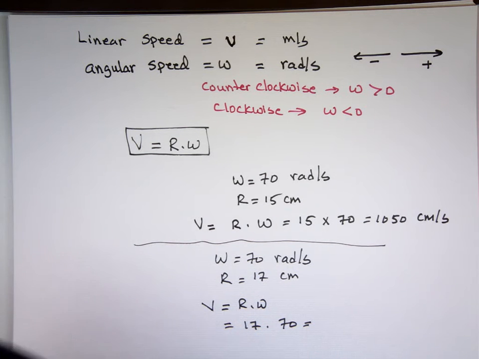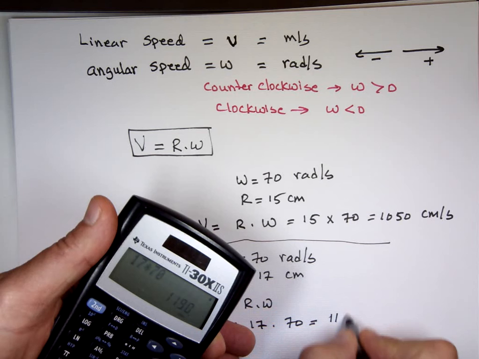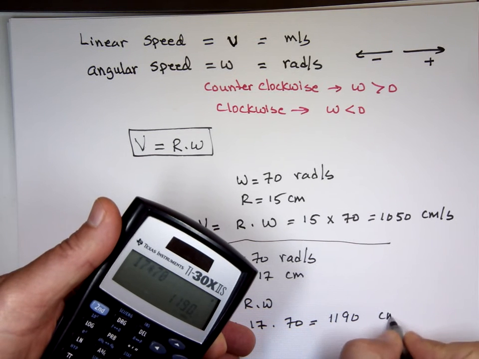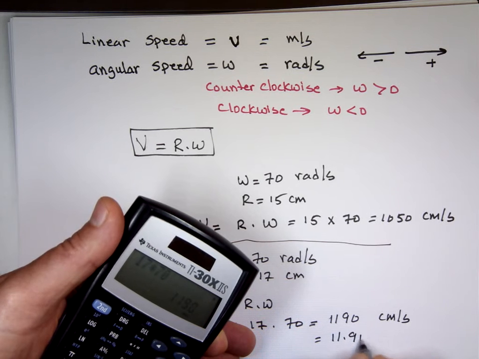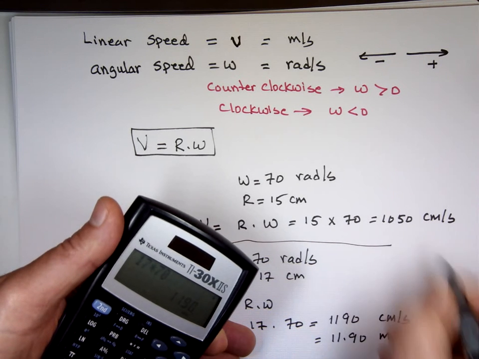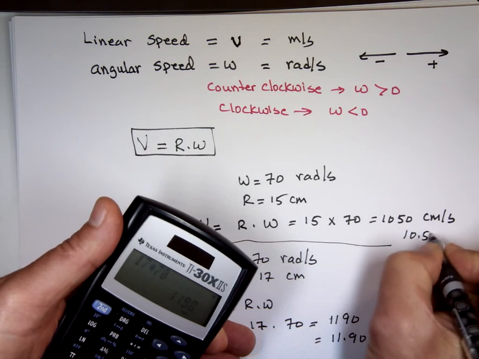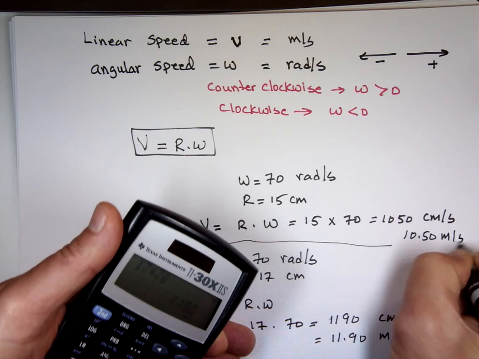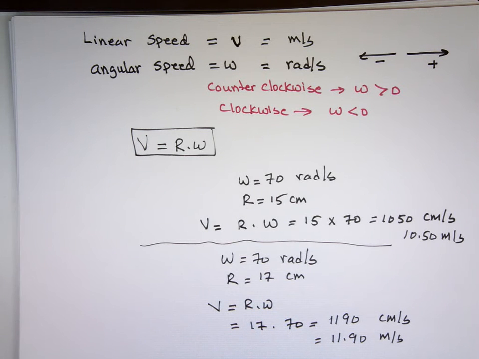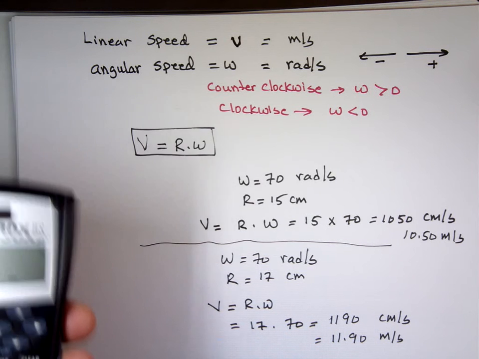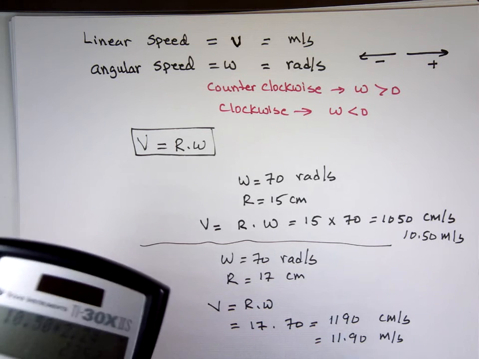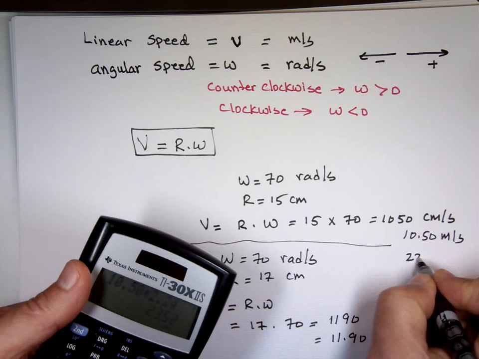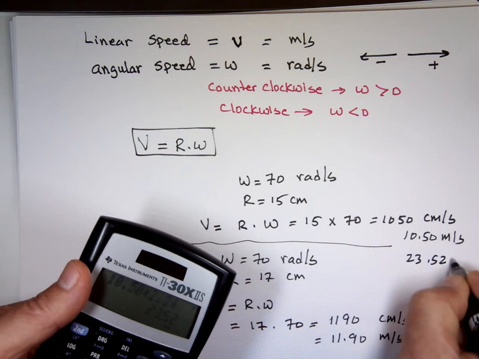And I'm going now 1190 centimeters per second. So I went from 10.50 meters per second to 11.9 meters per second. In miles per hour, 10.50 times 2.24. My speed was 23.52 miles per hour.